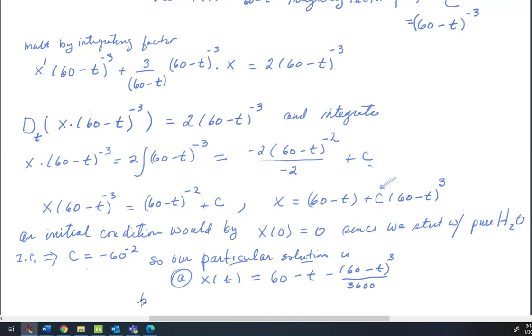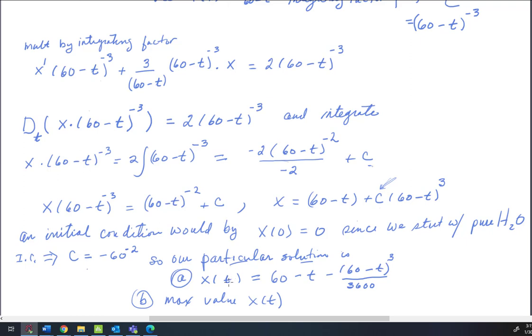And the b part is the max value of x of t. You would find that by using your extrema theory from calculus, probably calculus 1, because you use differentials to find where x of t is a max.